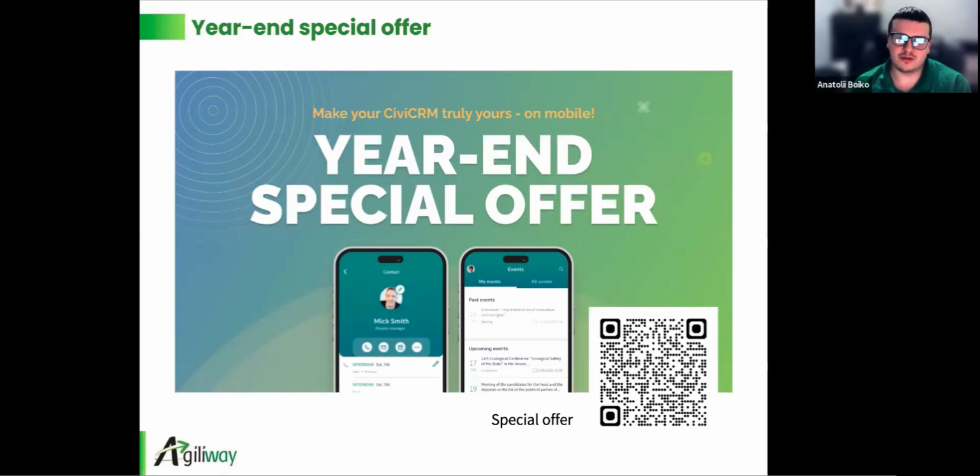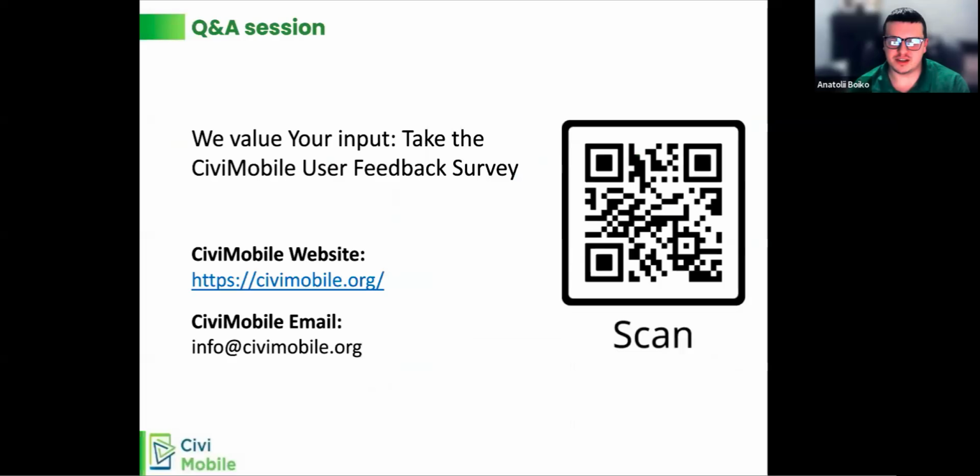Therefore, it includes a full branding of the app, custom name, logo, color scheme, hard-coded domain, tailored terms of use, and publishing on both Google Play and App Store. I think this is a great opportunity to start a new year with a fully branded mobile app that truly reflects your organization identity. That's it for my presentation.